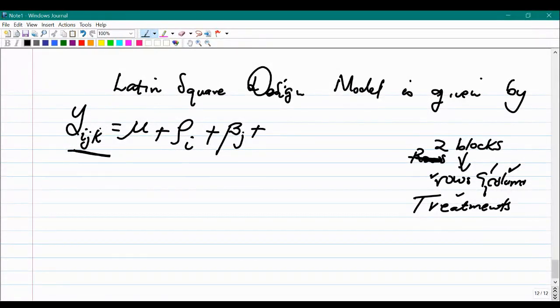The last one, k, goes with the treatment, tau_k, isn't it? Because we have three things and then the errors.